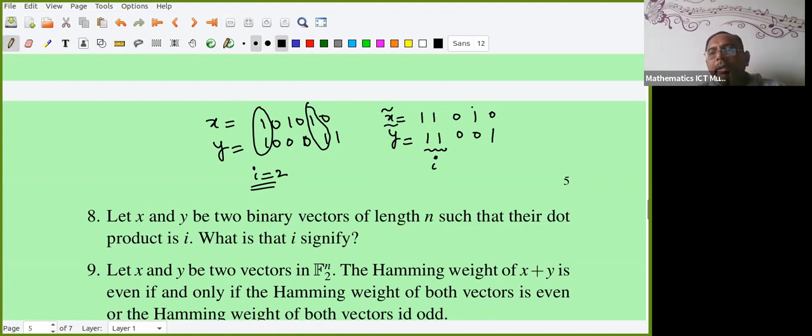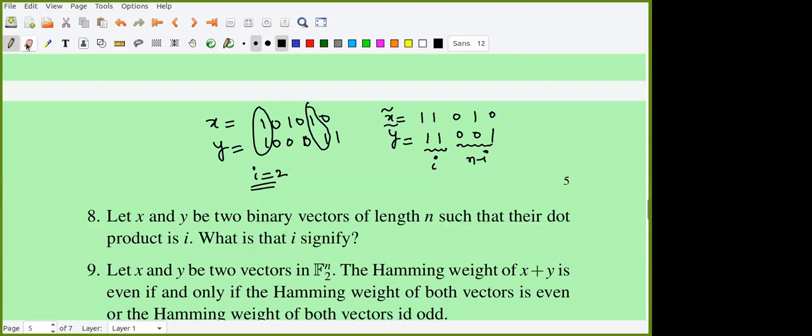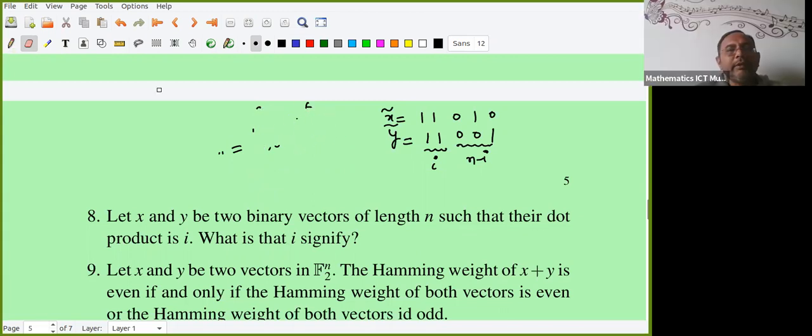In the remaining N minus I positions, whatever. That is okay, leave it. I just want to help you understand so that the next questions become easy for you.